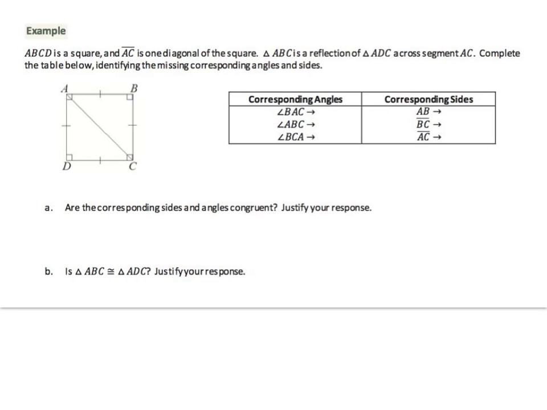Complete the table below, identifying the missing corresponding angles and sides. So our corresponding angles, let's look. Angle BAC corresponds to DAC. Let's actually write the angle in there, sorry.